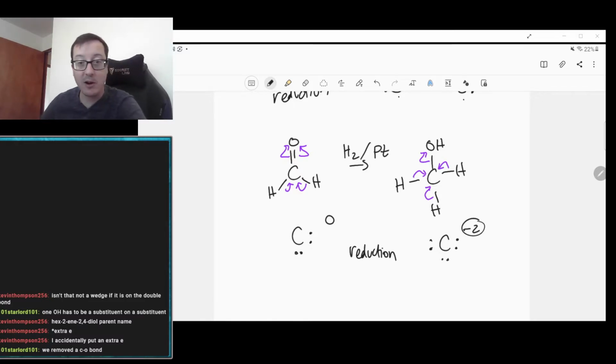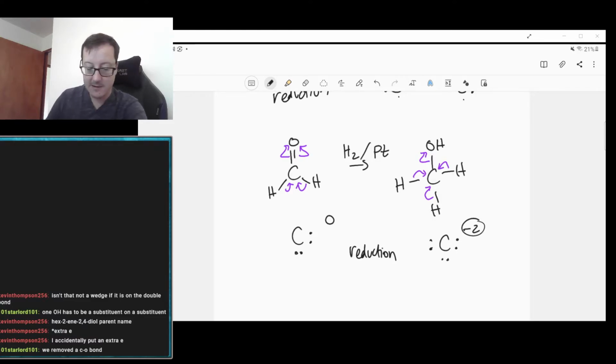We're going to see later when we talk about what alcohols can do, we can oxidize them. So we can reduce carbonyls to alcohols, and we'll see later that we can oxidize alcohols to carbonyls. All right, so either way you look at it, it's pretty straightforward.